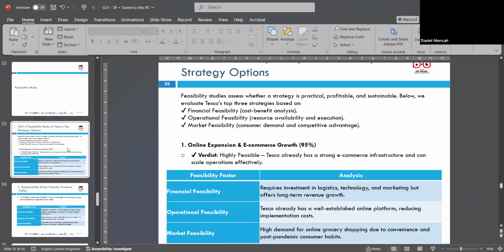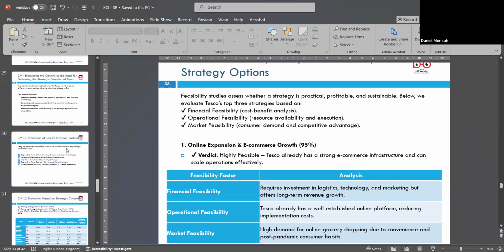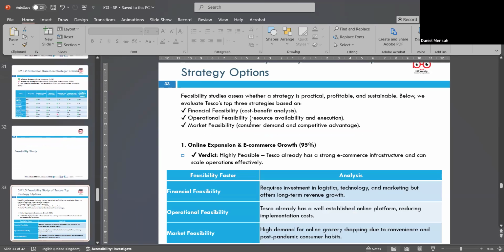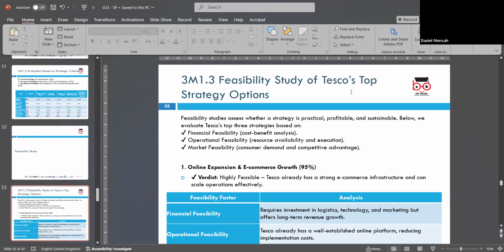After the criteria, we need to run the feasibility. To run the feasibility, we need to see the financial feasibility, operational feasibility, and market feasibility to reach the final decision.